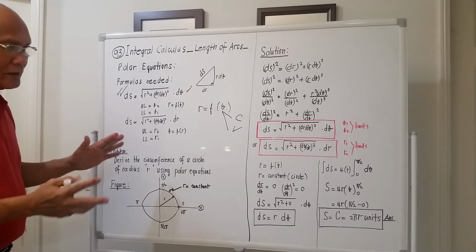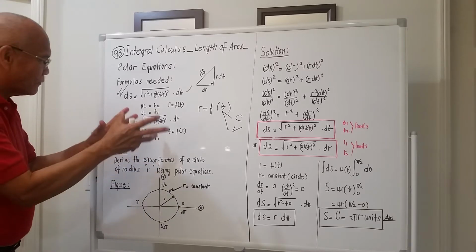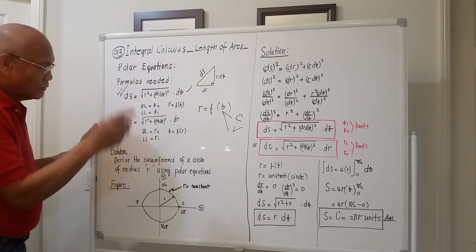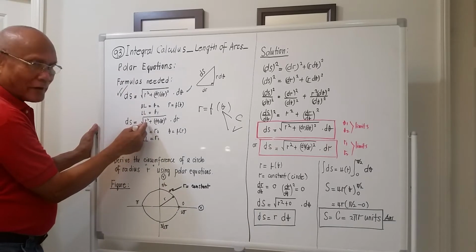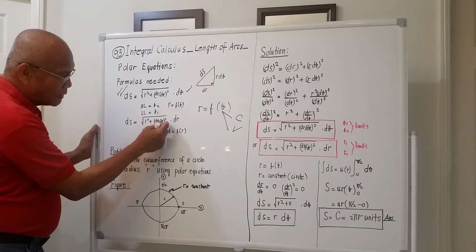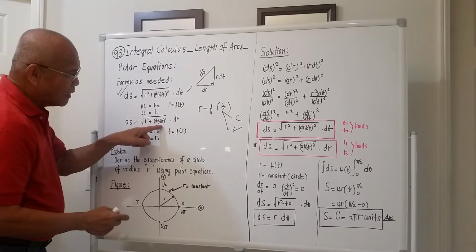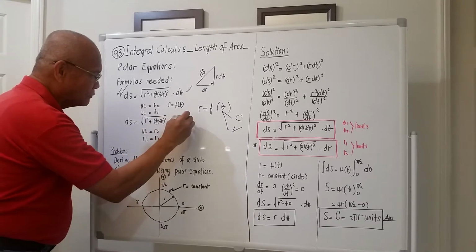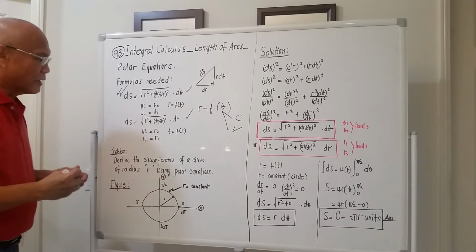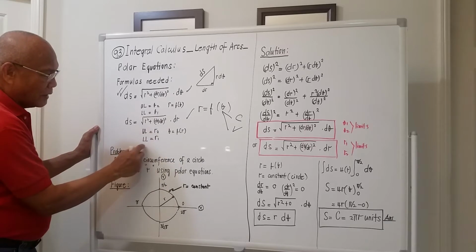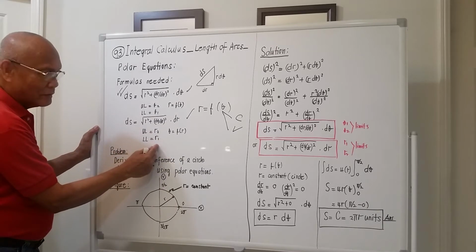Formula number two was derived from formula number one. Differential length of arc equal to the square root of r square times differential theta over differential r quantity square. If this is r, this is differential r. That's formula number two. The upper limit will be r2 and the lower limit will be r1.